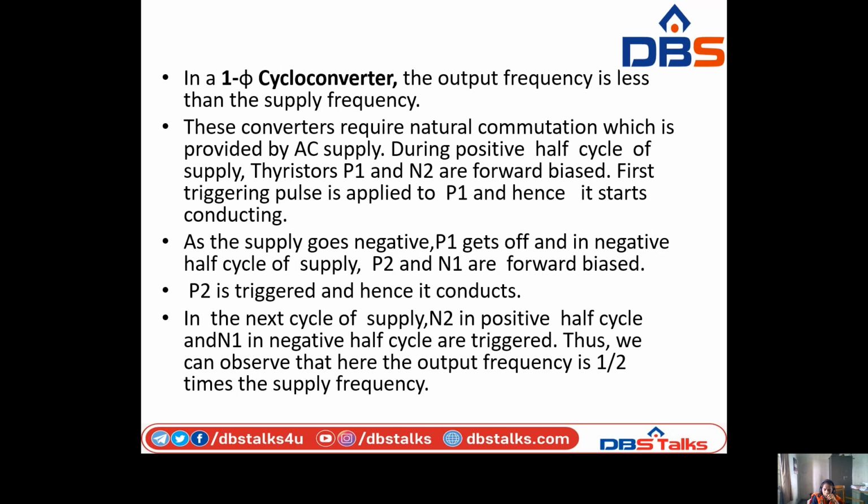As the supply goes negative, the P1 gate is turned off, and in the negative half cycle of supply P2 and N1 will be forward biased. P2 is triggered, hence it conducts. In the next cycle of supply, N2 is made positive half cycle and N1 negative half cycle, or triggered. Thus, we can observe that the output frequency is half of the supply frequency.